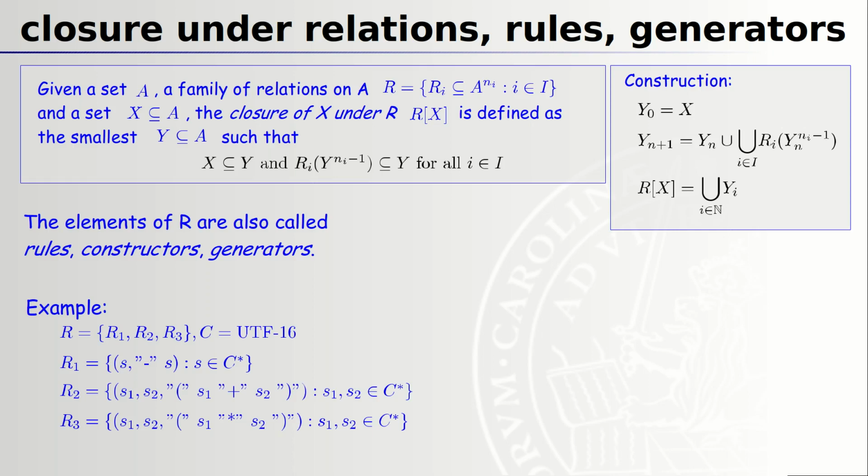The other two take two inputs, they are three-ary or tertiary, to produce an output. R2 outputs an open parenthesis, then its first input string, then a plus sign, followed by its second input string and a closing parenthesis. The last rule is similar, except that instead of the plus sign, it uses an asterisk.